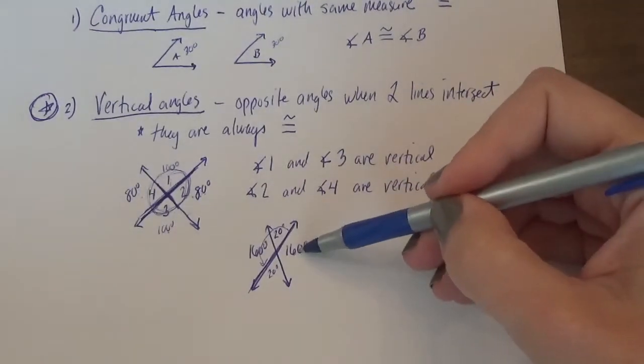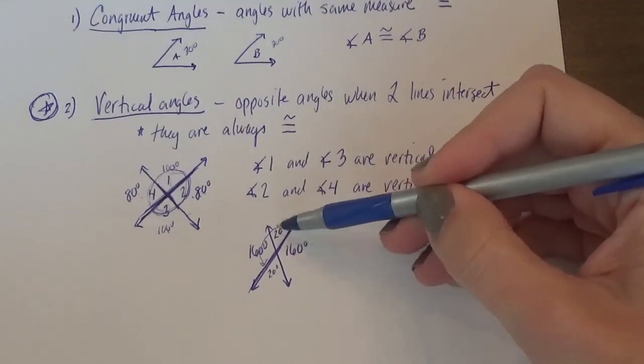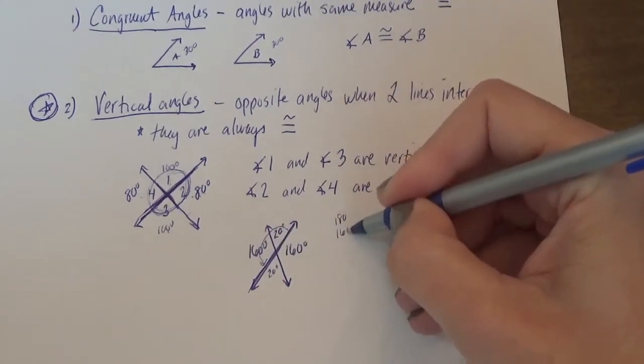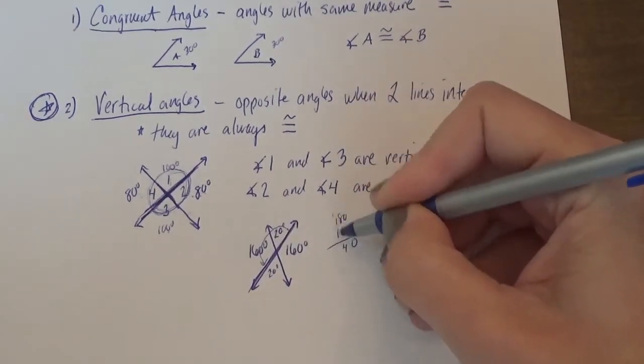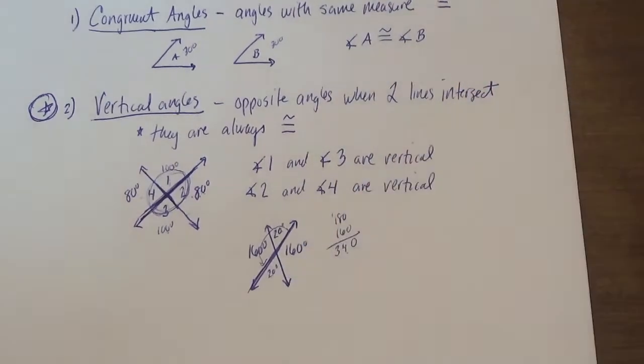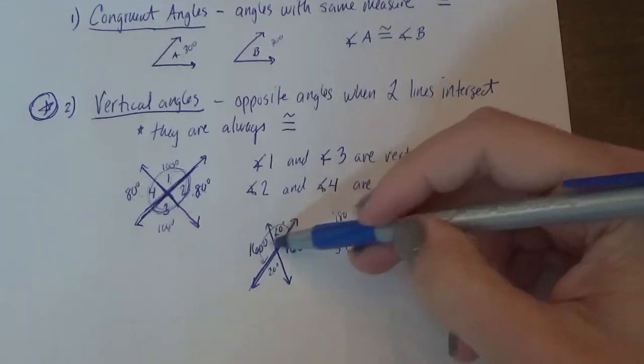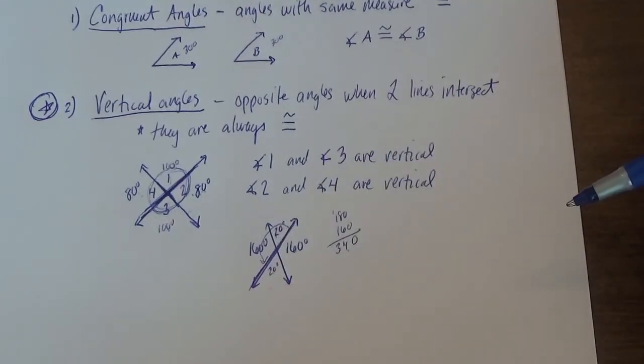Does that work? 160 plus 20 is 180. 180 and 160, that's 340 plus 20 more. Yeah, 360. Okay? So there you go. Vertical angles, super important anytime you have intersecting lines.